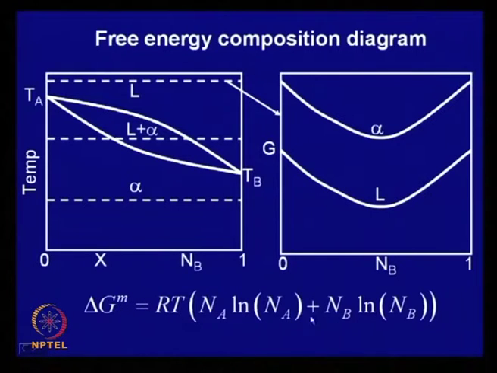And the relationship is, what we are writing is a delta G of mixing. So, when you mix the two, this is what is happening, but because this is a temperature which is much above the melting point of A, which has a higher melting point, here for the pure metal, the free energy of alpha or A will be higher than the free energy of the liquid.